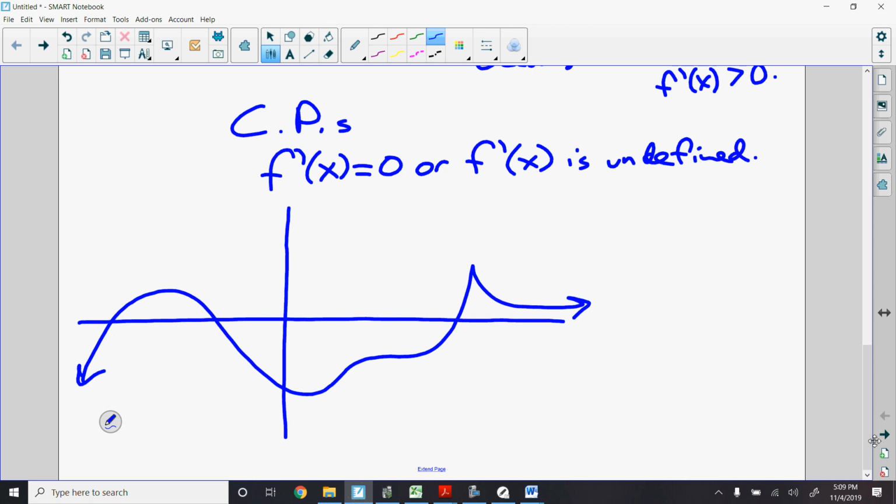Okay, so taking a look at this graph, this is an f graph, by the way. I want to look for places where the derivative would equal 0, meaning the slope of the tangent line would be horizontal, or where f prime of x is undefined, where I can't get a slope of a tangent line. And I see a total of 1, 2, 3, 4 places. I'll mark them on my screen.